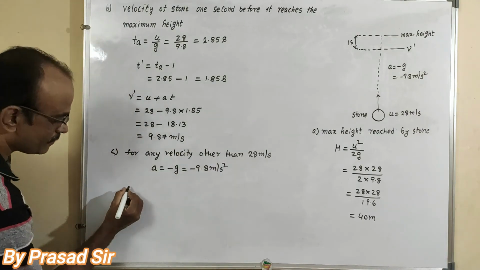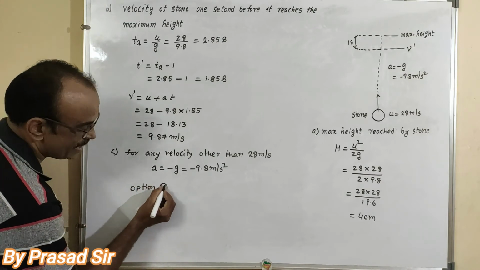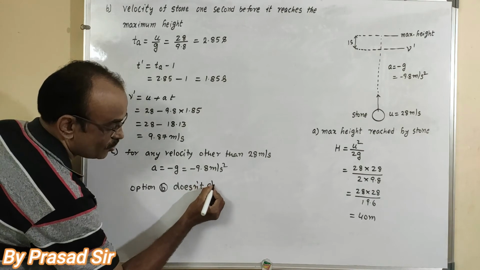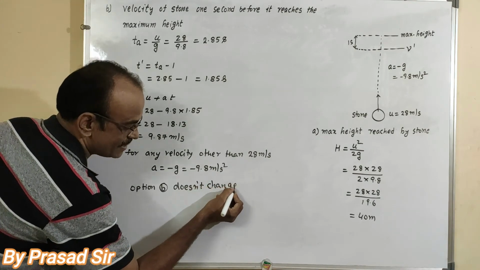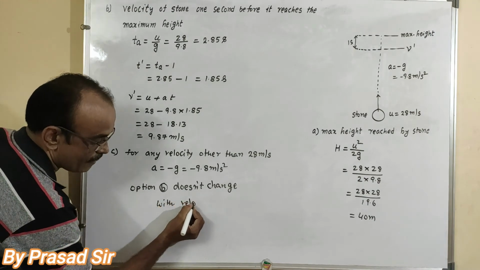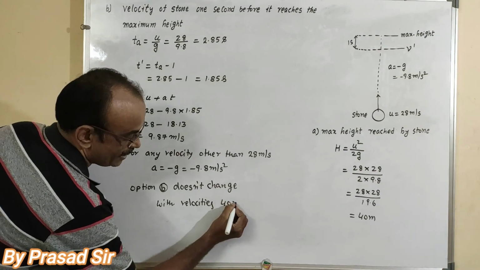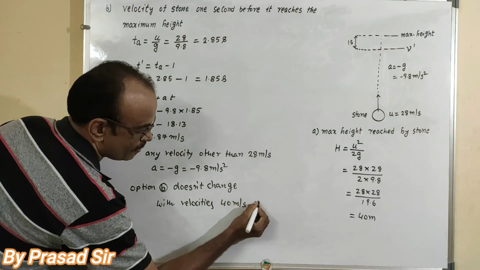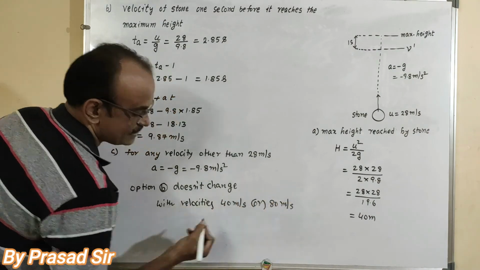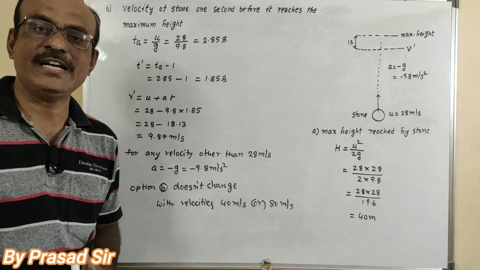So that means the answer to option B does not change with velocities of 40 meters per second or 80 meters per second. This is the solution for question number 25.